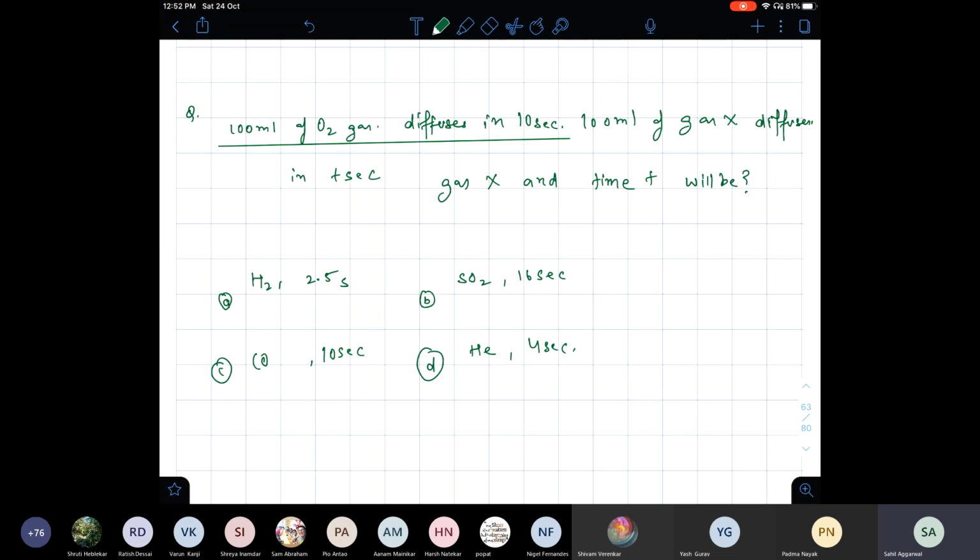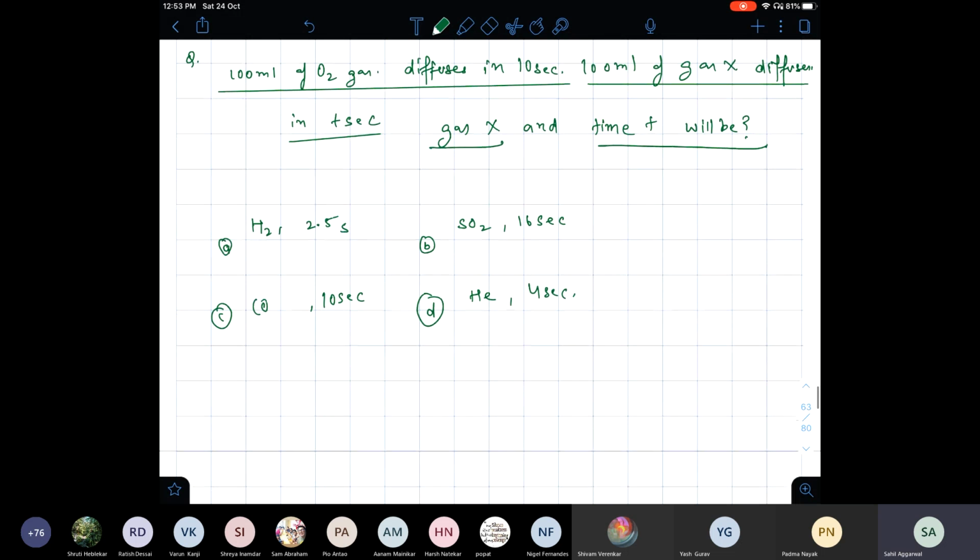100 ml of O2 gas diffused in 10 seconds. 100 ml of gas X diffused in T seconds. Kaun si gas hogi, kya time hoga, that you have to tell. Done. Very good, Sanika.